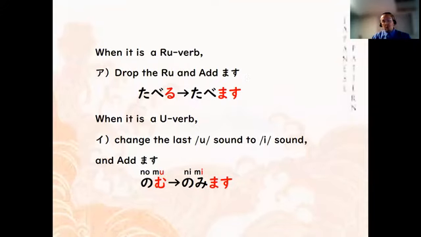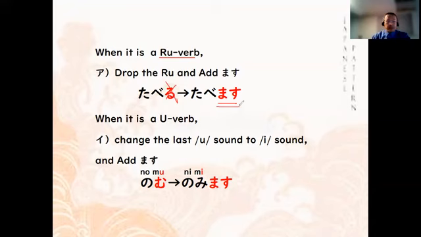We'll get into why we conjugate later, but the rule here is that when it is a ru-verb, all you have to do is drop the ru, add masu. Okay, I repeat, drop the ru, add masu when it is a ru-verb. Simple.